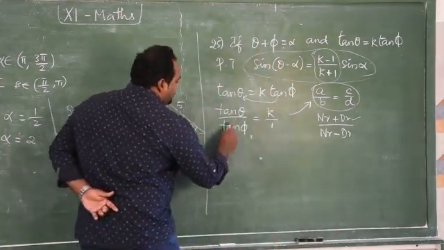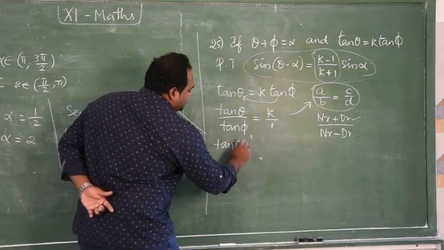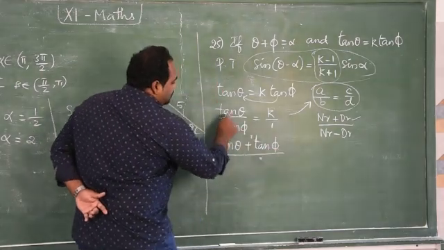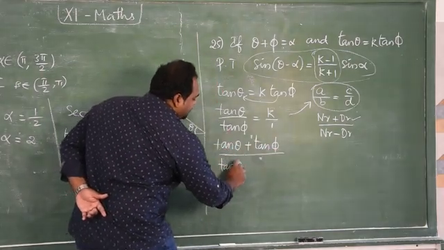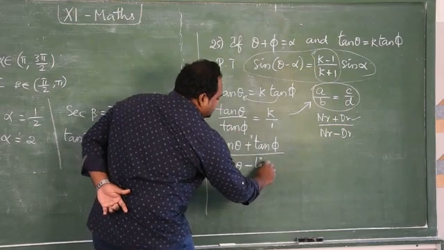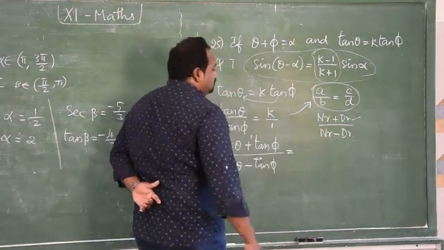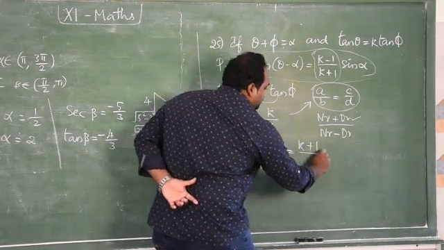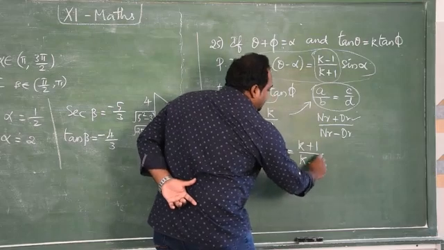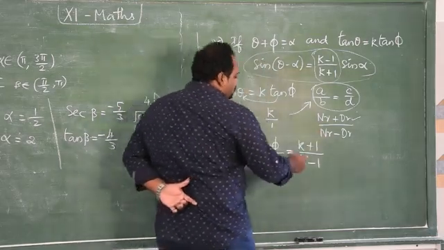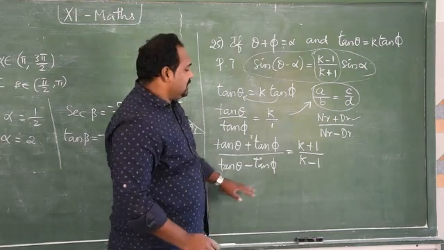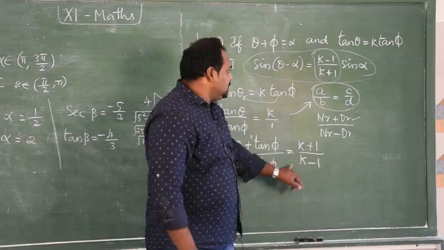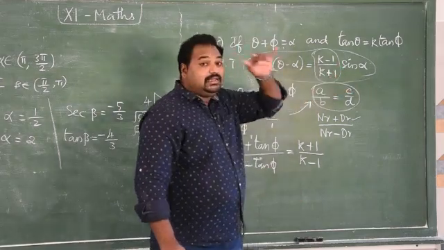So using that property, I can write tan theta plus the denominator tan phi, then numerator minus denominator, minus tan phi, equal to the right hand side numerator plus denominator, k plus 1, divided by numerator minus denominator, k minus 1. If you use this, now you can understand why we are using the componendo and dividendo property, because we have to get this k minus 1 by k plus 1.